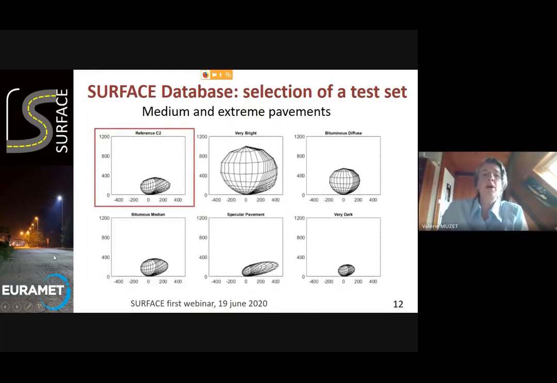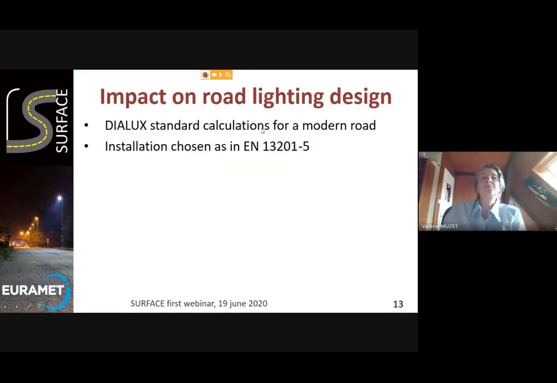And here you have a representation of the reflection indicatrix of our 5 selected pavements, so a medium one and more extreme pavements compared to the reference C2. And we then study the impact of these different pavements on road lighting design.